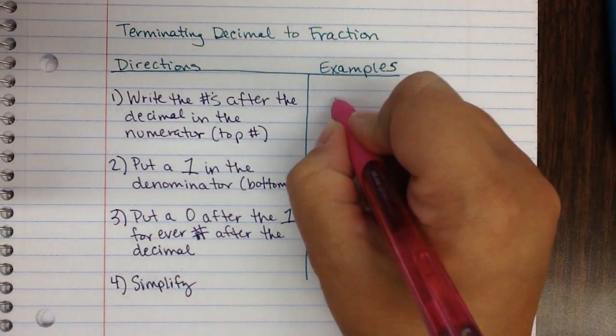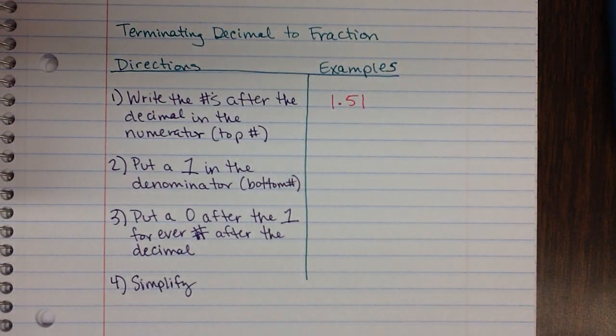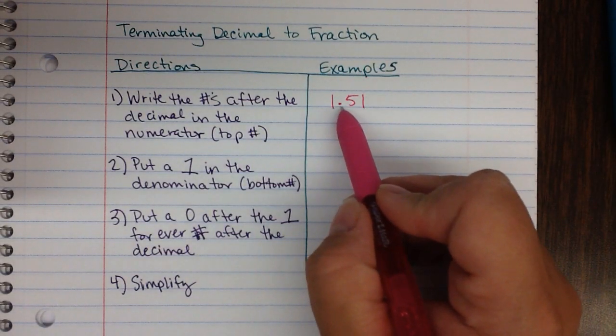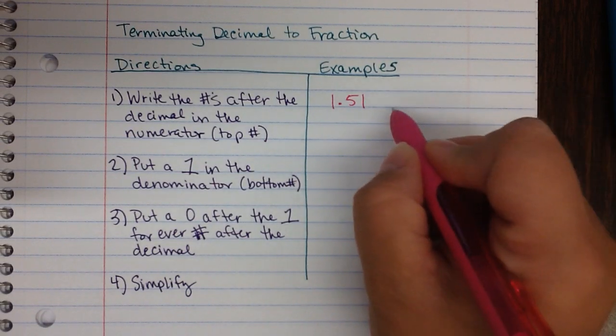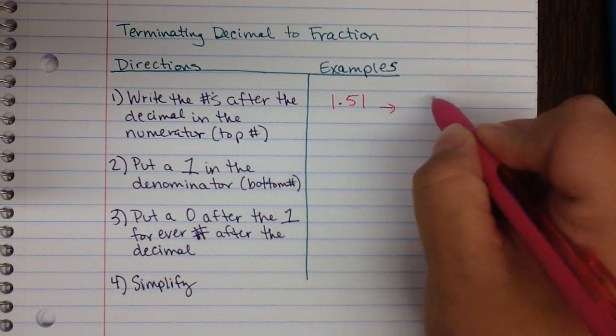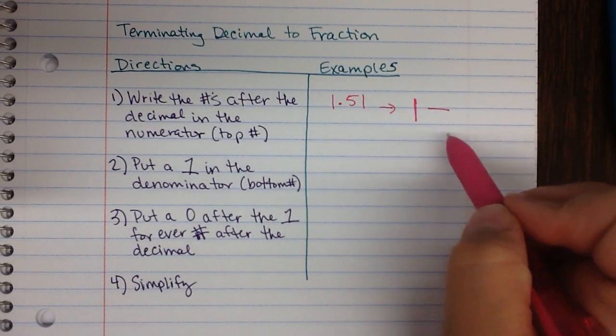Okay, we're going to start with 1.51. Because there's a number in front of the decimal, it's still going to be a whole number. So this becomes 1. Okay, and then we have our fraction.